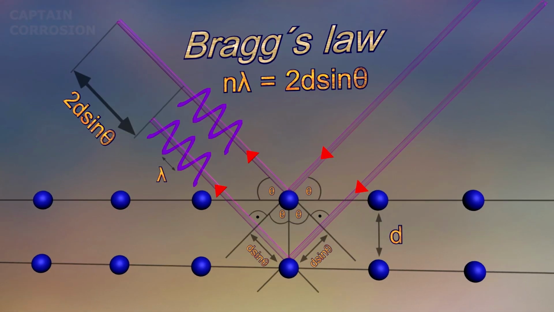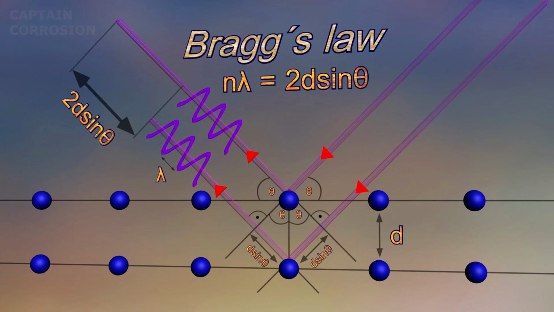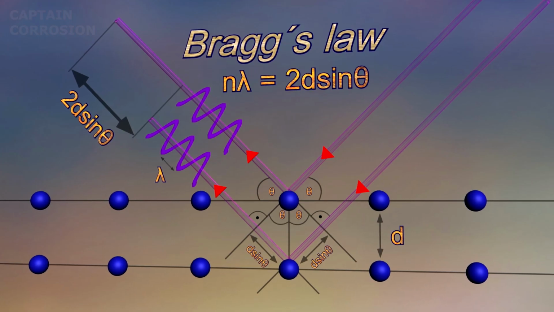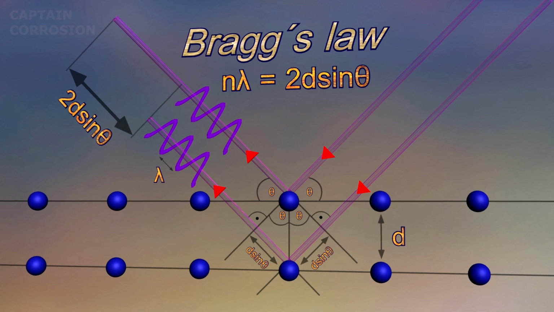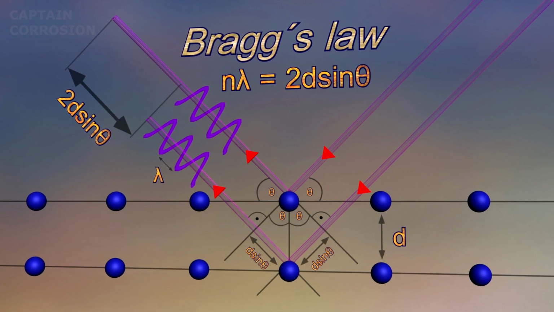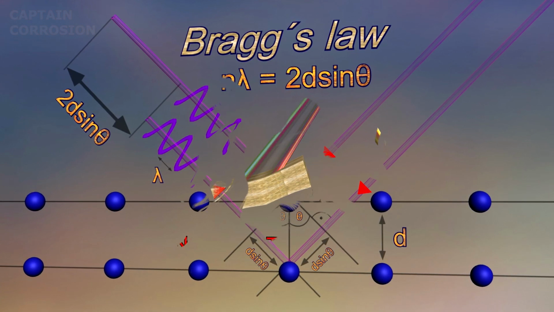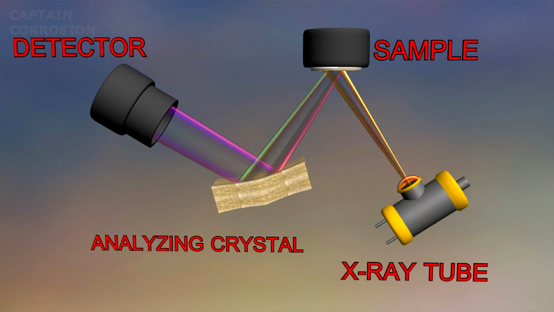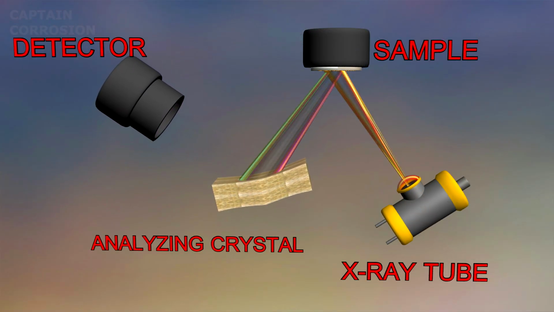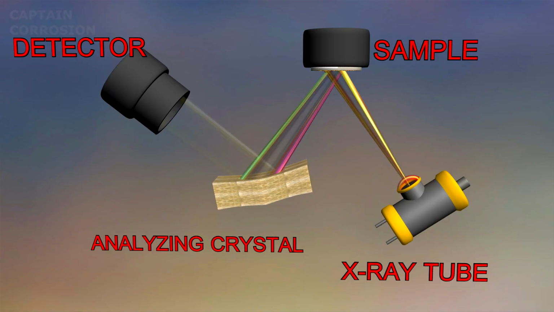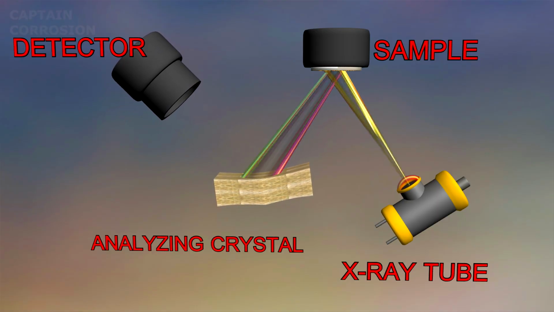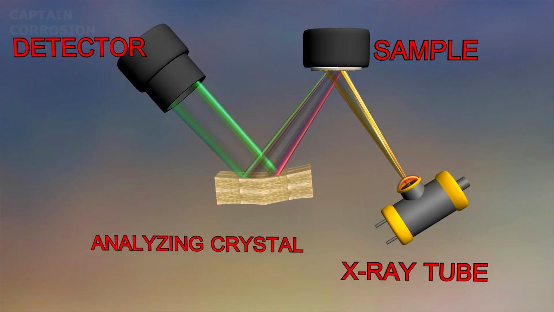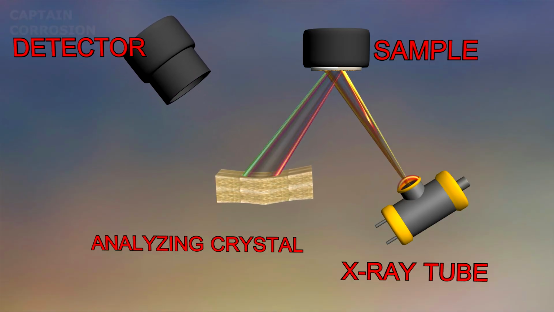For a radiation with a defined wavelength, the criteria of Bragg's law is met at a certain angle, and all the scattered beams are in the same phase, which means that constructive interference takes place. So if the angle is changed by moving the crystal and the detector, it is possible to scan in a wide spectral range and find out which wavelength characteristic X-ray radiation comes out of the sample.